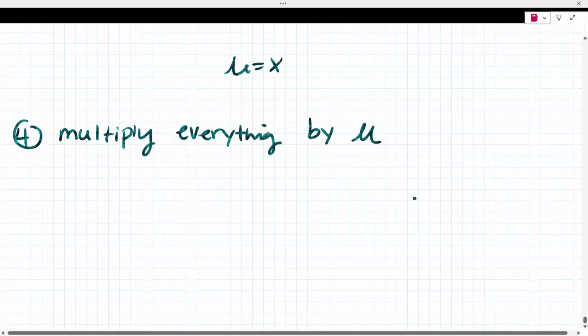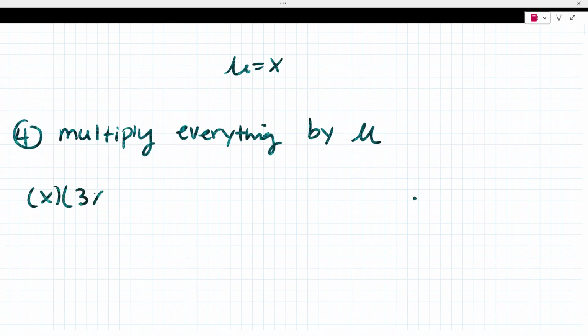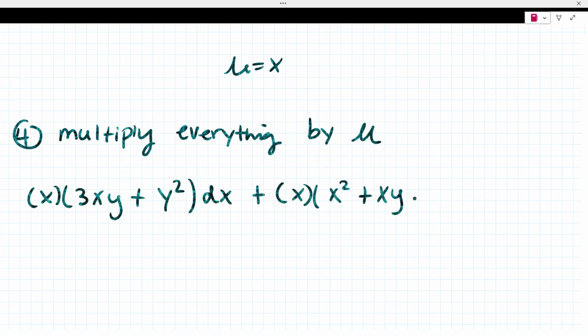So this is going to be x times (3xy plus y squared) dx plus x times (x squared plus xy) dy equals x times 0.